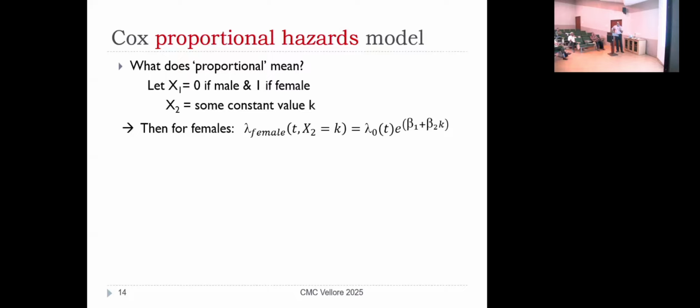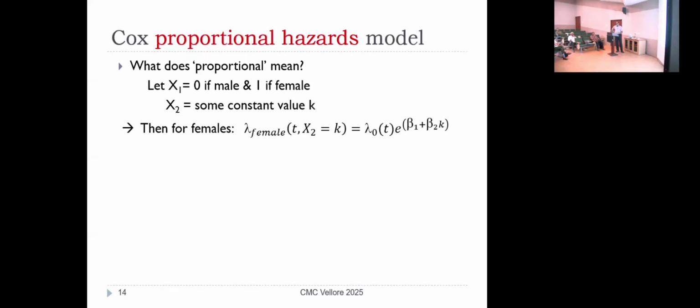So for females, the hazard at time point t, when x2 is equal to k, is going to be what? It's lambda naught t, right? That's the unspecified part. And it's e to the beta 1 for x1 multiplied by 1, so it stays at beta 1, plus beta 2 times k, because that's what x2 is equal to.